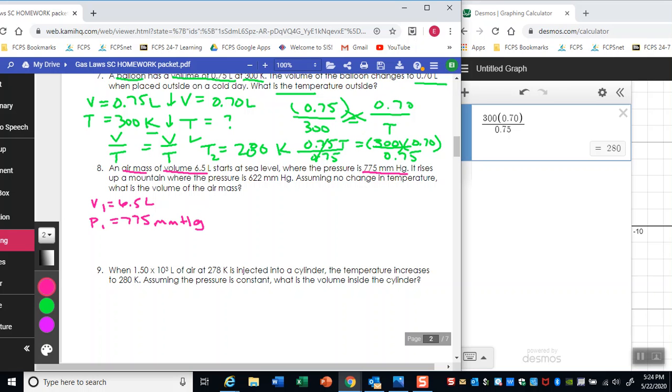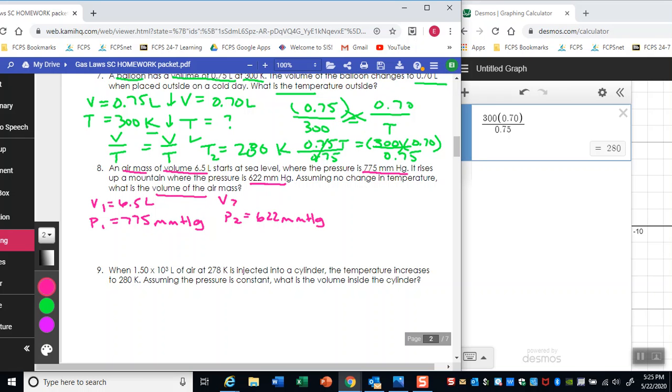And again, watch the Edpuzzle so you understand the pressure and the units. It rises up a mountain, where the pressure is 622. So I have a new pressure, and that is 622 millimeters of mercury. Assuming no change in temperature, what is the volume?